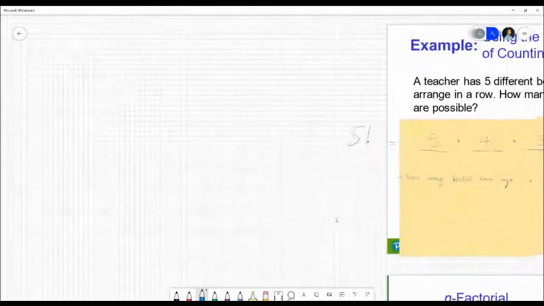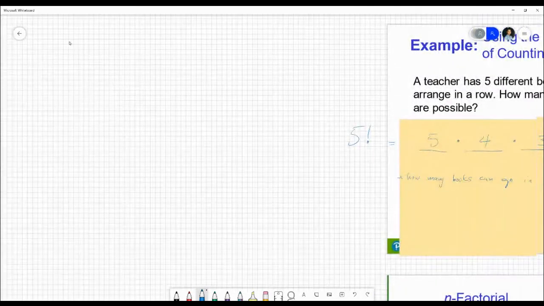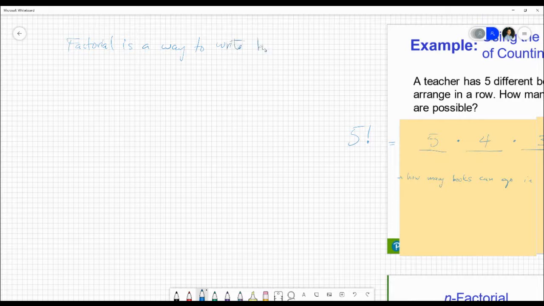Let me define factorial if you haven't seen it before. Factorial is a way to write large numbers, and it goes like this. If you have, for example, 5 factorial, you start with that number and multiply each number, decreasing it by 1 until you get to 1.